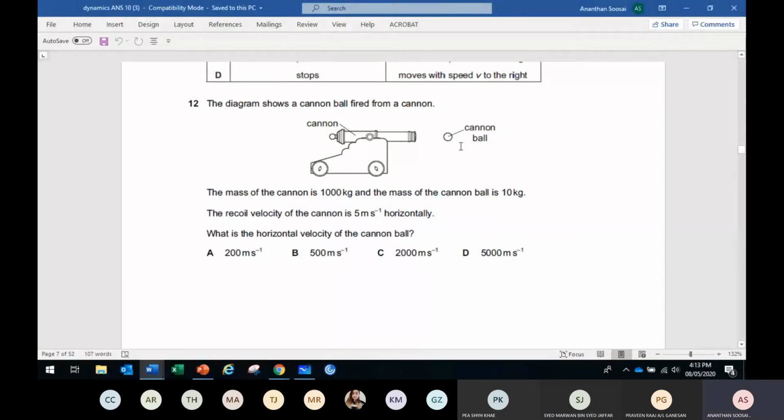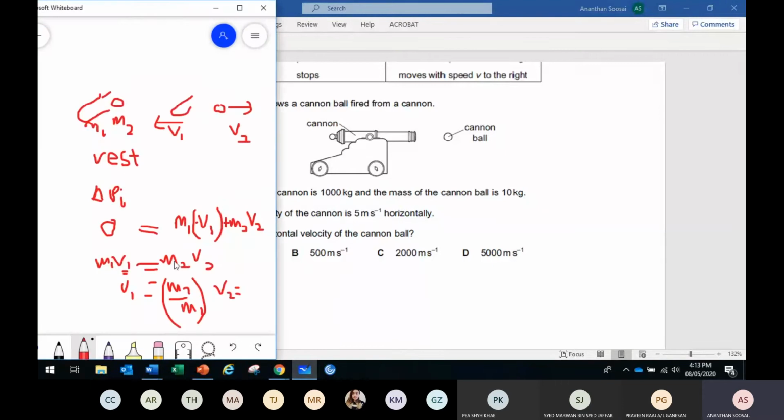What is the original velocity of the cannonball? Oh, sorry, we are looking for V2. I made a mistake. So V2 should be M1 over M2 times V1. Okay, makes sense. So it's 1000 divided by 10, so you get 100, times 5. So 500. Okay, so 500 meters per second. So B is the answer.